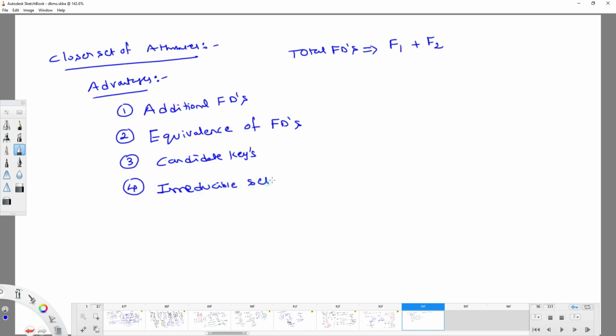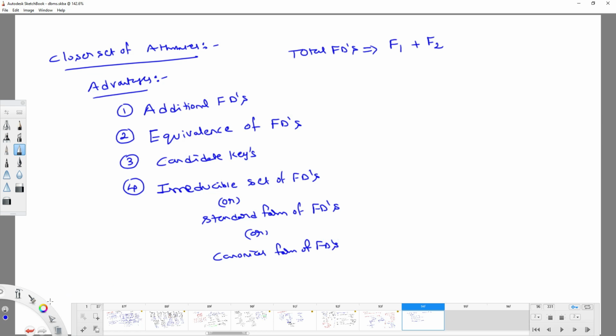I can call the irreducible set of functional dependencies the standard form of FDs, or I can call it the canonical form of FDs, right?